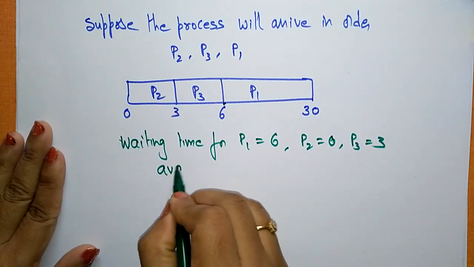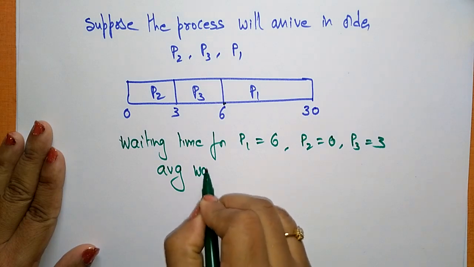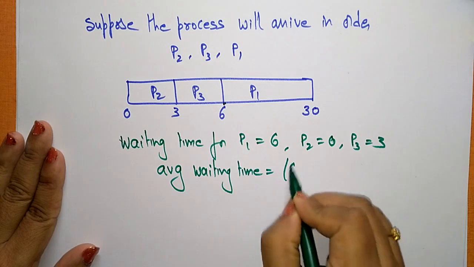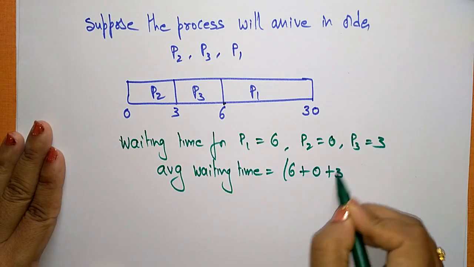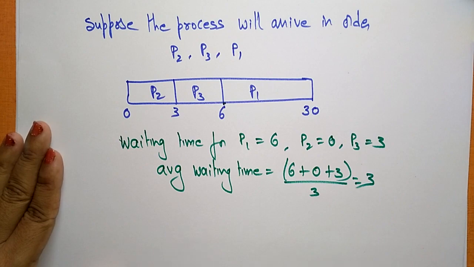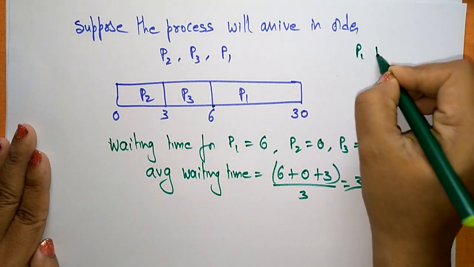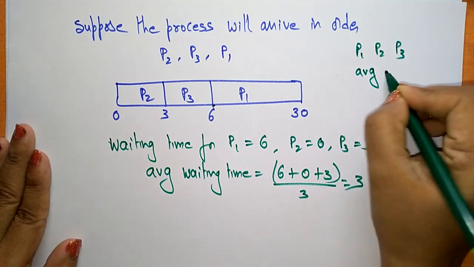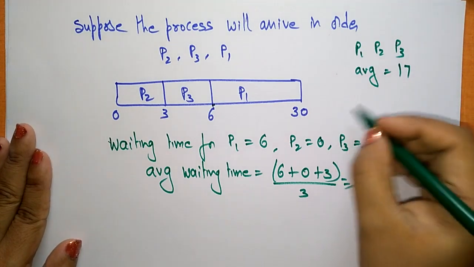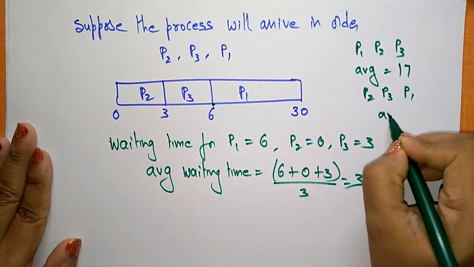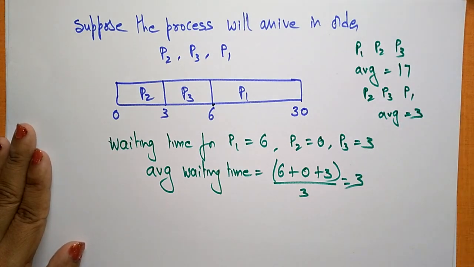So the average waiting time is 6 plus 0 plus 3 by 3. So you will get the answer 3. If you take the order as P1, P2, P3, you will get the average waiting time of 17. If you take the order P2, P3, P1, you will get the average waiting time as 3.